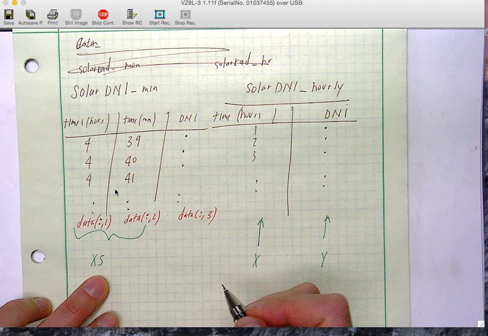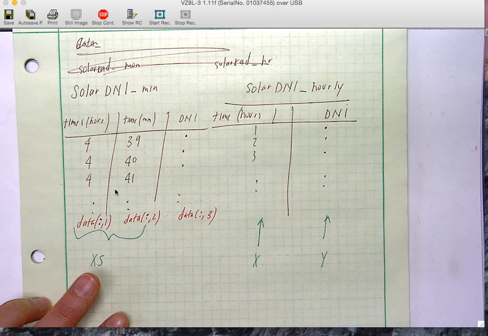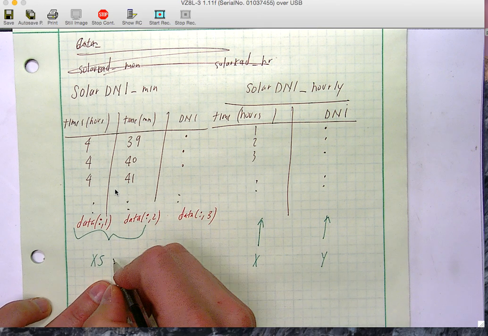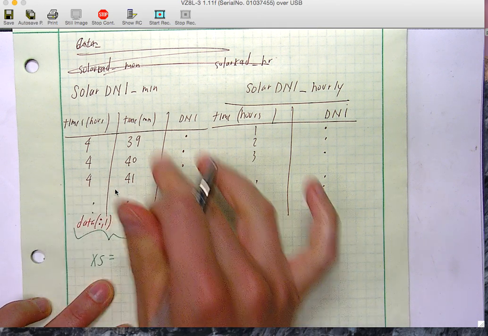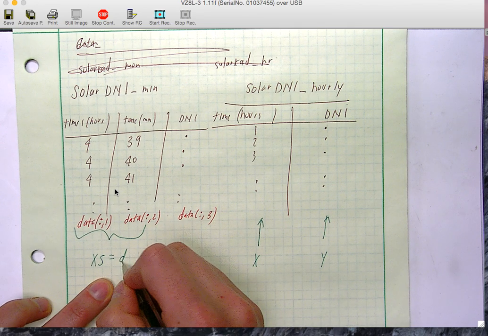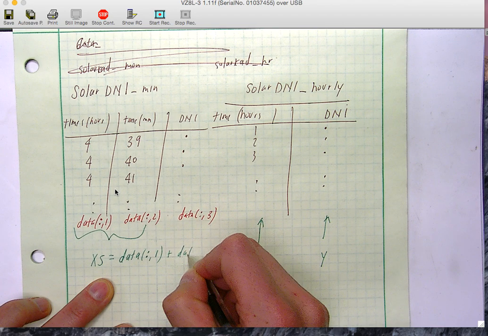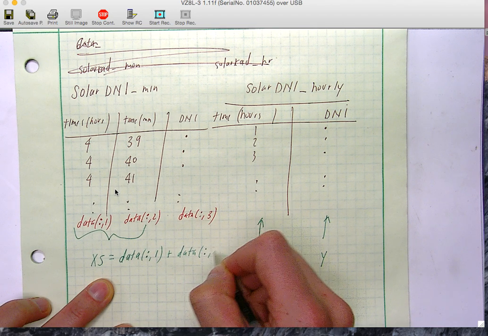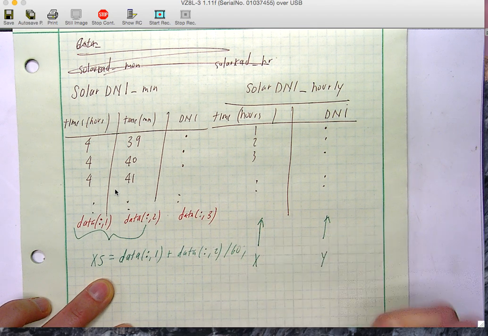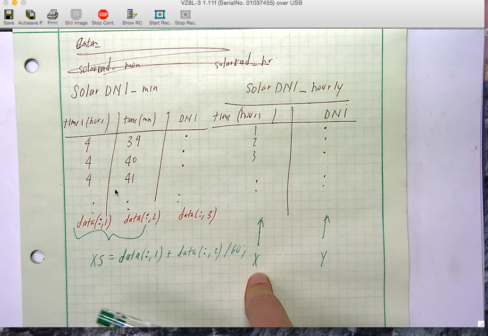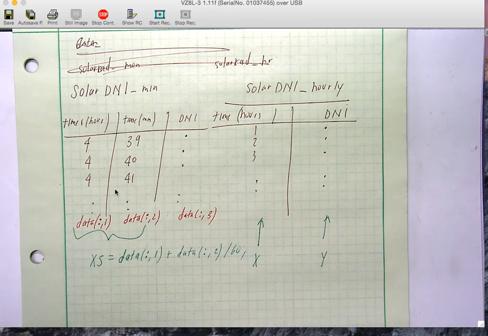So what I would recommend is that you just use the units of hours, and convert this to hours. It'll just be the first column plus the second divided by 60. That way x star is in the same units as x, and you can use them for plotting and everything all the same.